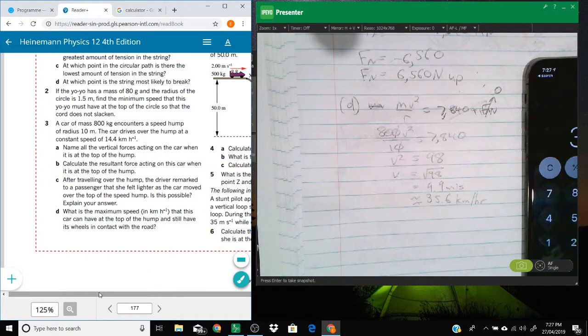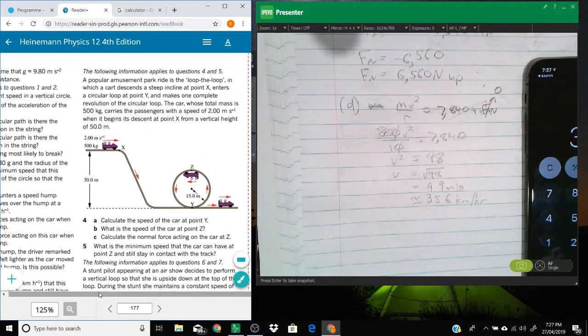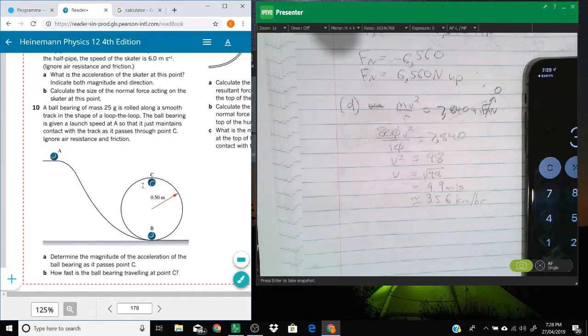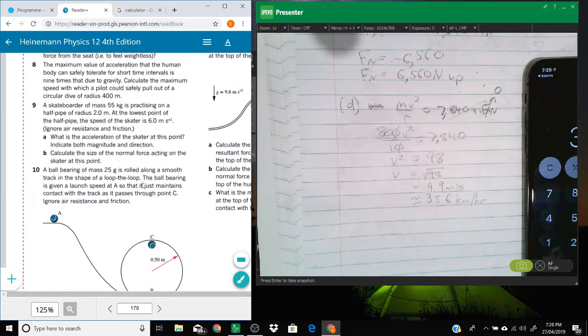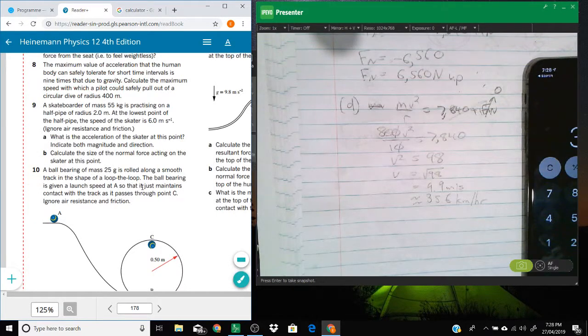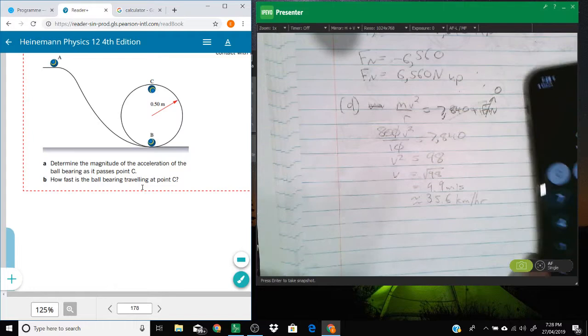I want to do one that includes energy. I could do this one. This one's interesting. Let's maybe look for another one. Let's do question 10.